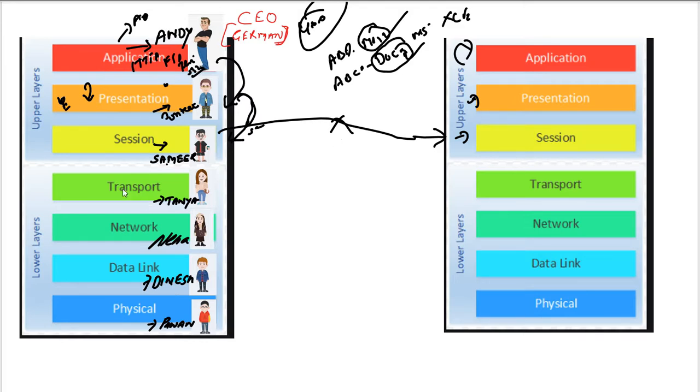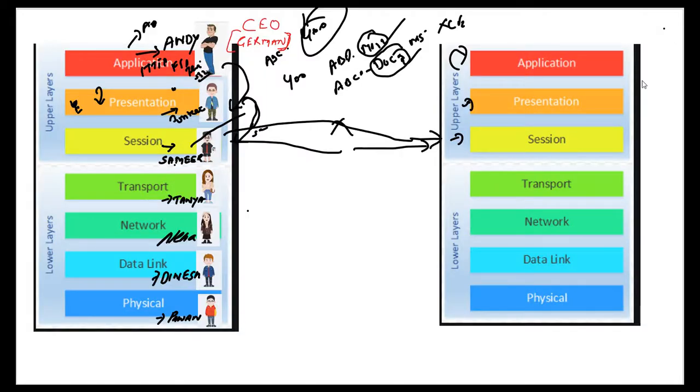The same thing the session layer will do: create a session between sender source and destination. The packet is coming from which source and to which destination address. They will create a session, and once they ensure that the packet was received on the receiver end, once they get the confirmation from the receiver end, they will tear down the session.